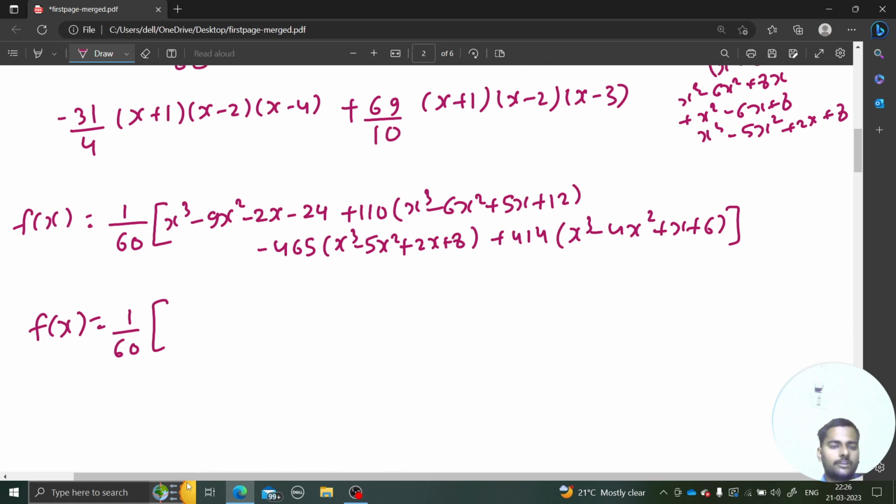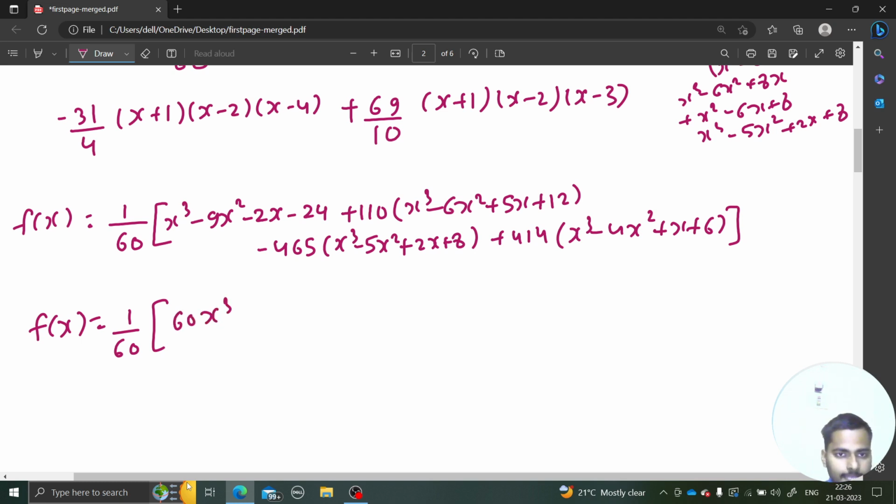So let's do a bit more hard work. The coefficient of x cube I am collecting, so that will be 111 minus 465 plus 414. I hope calculator is allowed, I don't know. It is 60 times x cube.